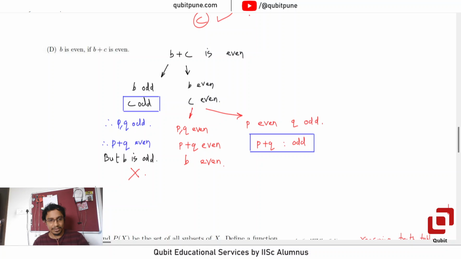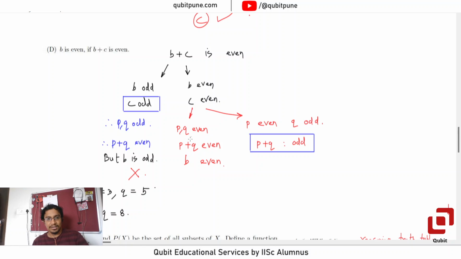So let's consider P as 3, and let's consider Q as 5. Both are odd. What will be the sum? Sum is 8, which means if both are odd, the sum will always be even.